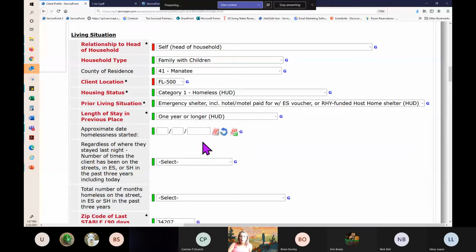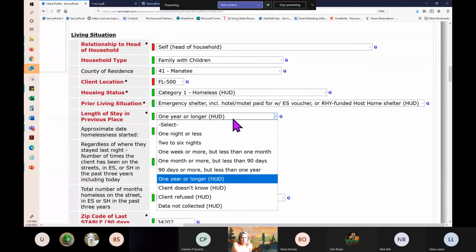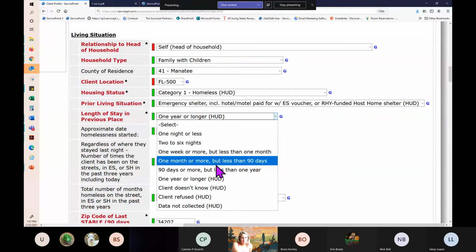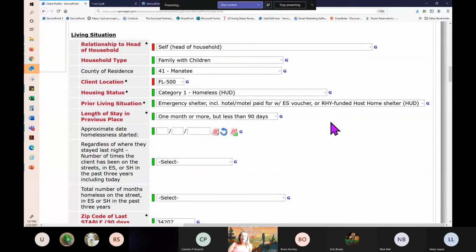And then from there, we ask how long, so we're going to say, let's say, 1 week or more, but less than a month.